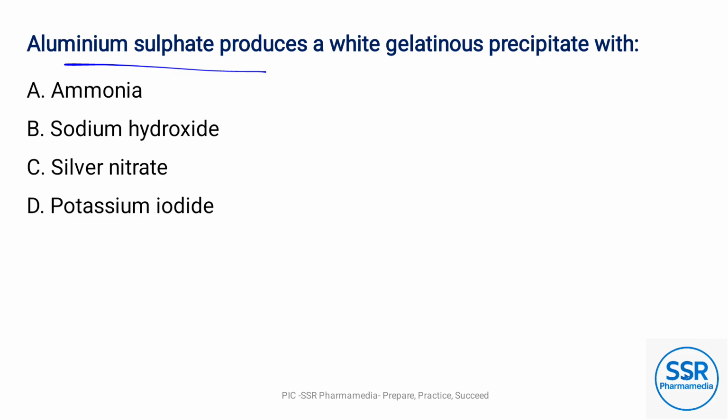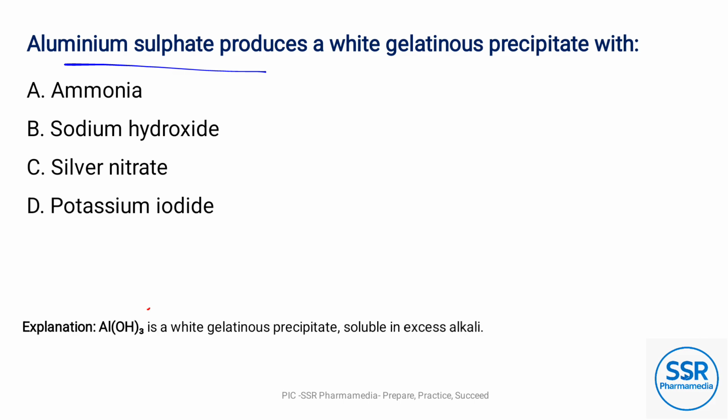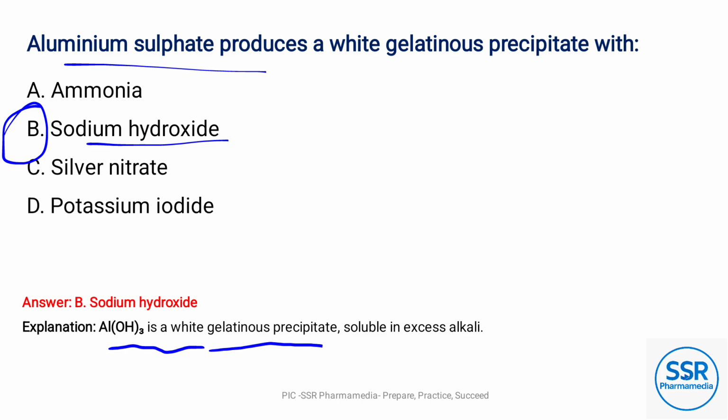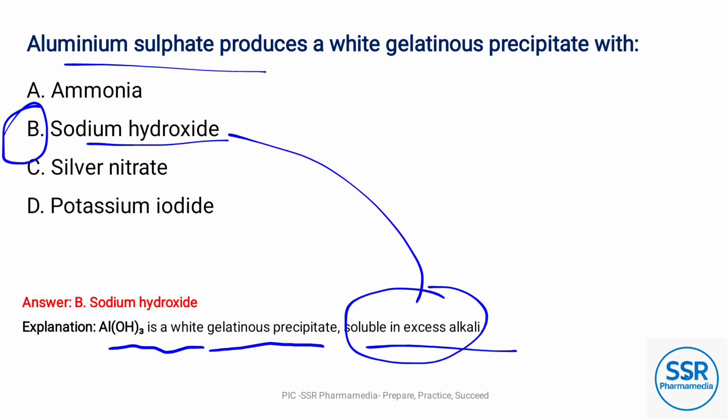Aluminum sulfate produces a white gelatinous precipitate with, option B, sodium hydroxide. Aluminum hydroxide is a white gelatinous precipitate soluble in excess alkali, that means soluble in excess sodium hydroxide.